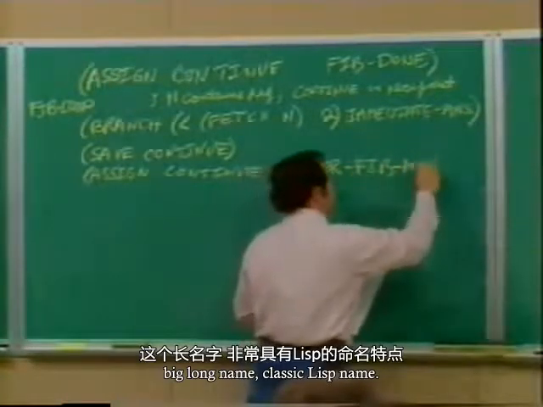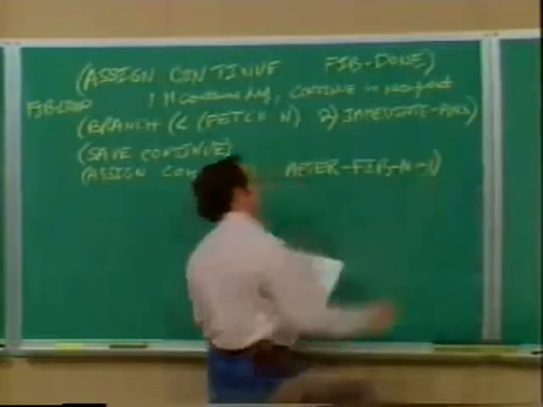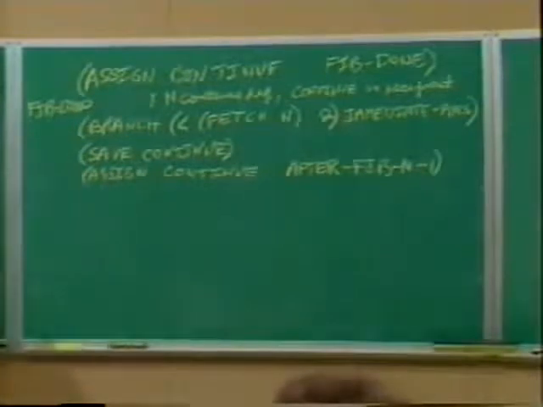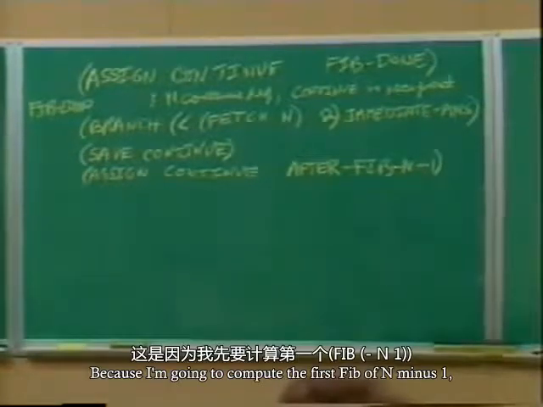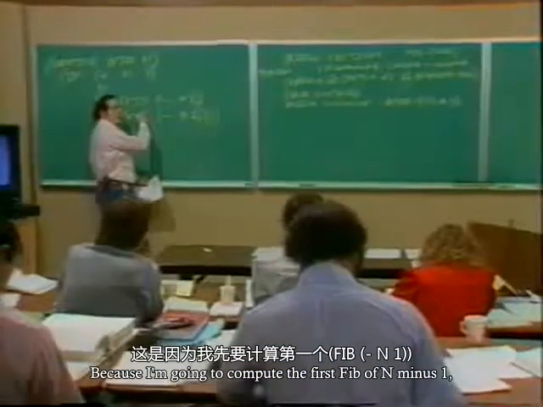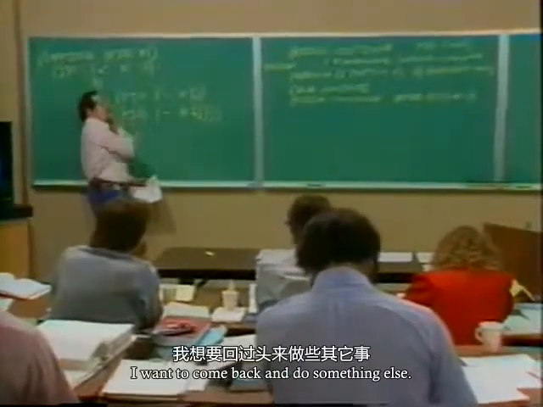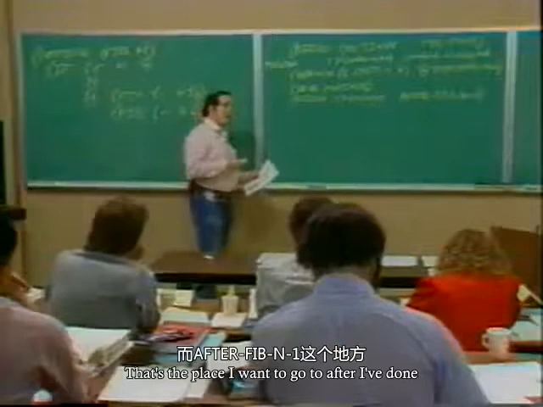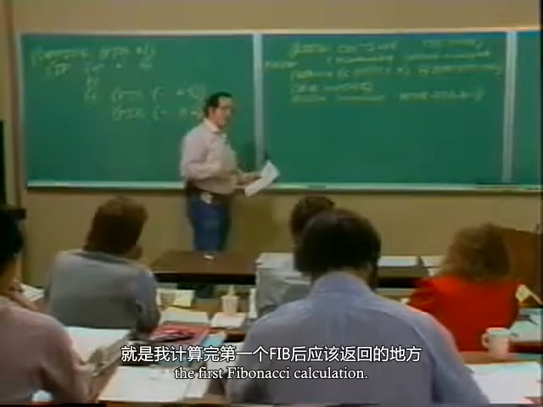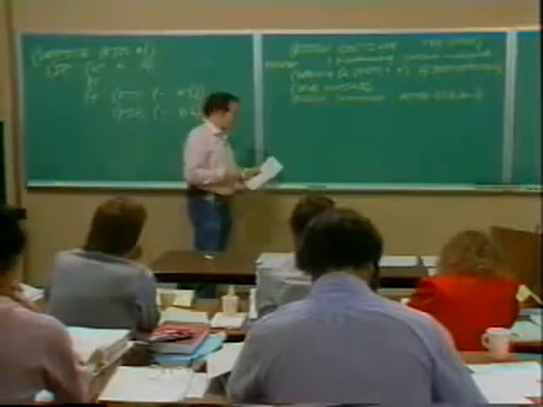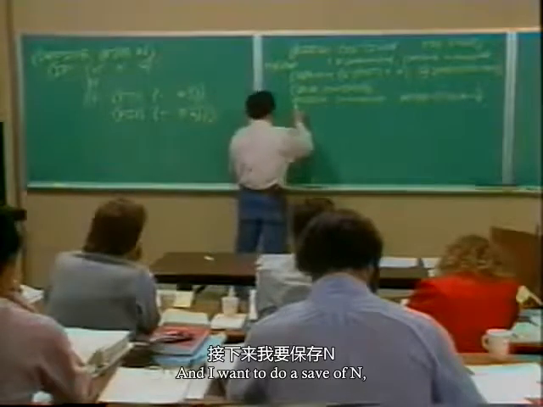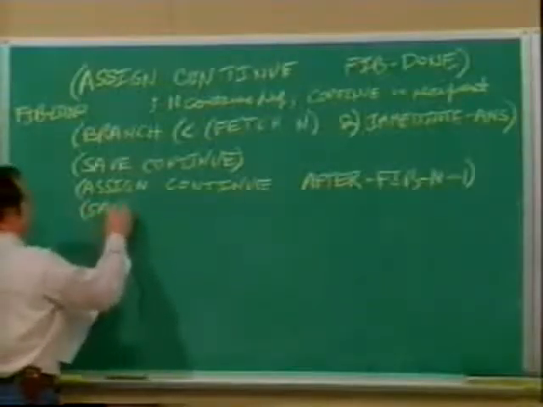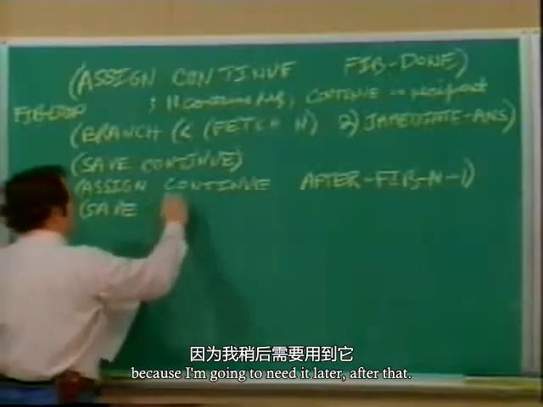Big long name. Classic Lisp name. Because I'm going to compute the first fib of n minus 1, and then after that I want to come back and do something else. So that's the place I want to go to after I've done the first Fibonacci calculation. And I want to do a save of n, because I'm going to need it later, after that.